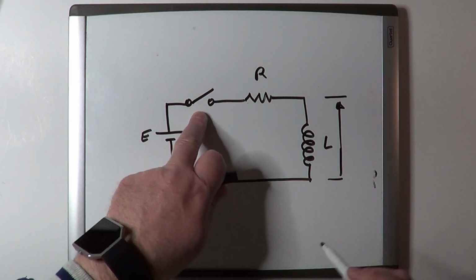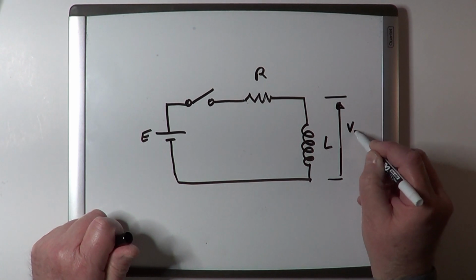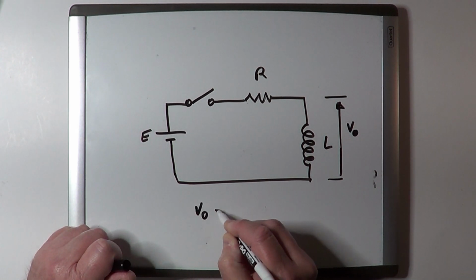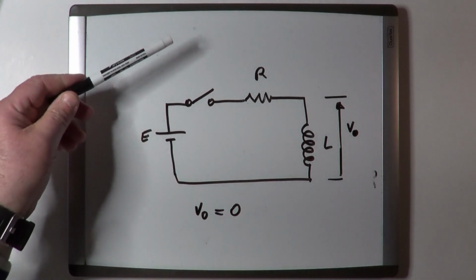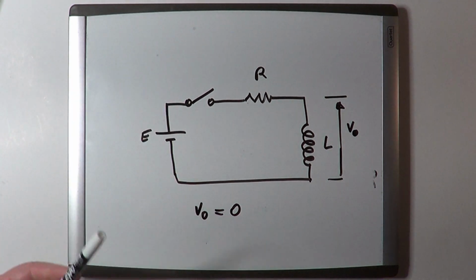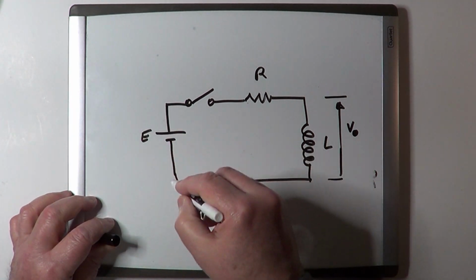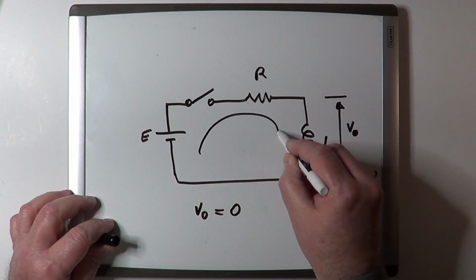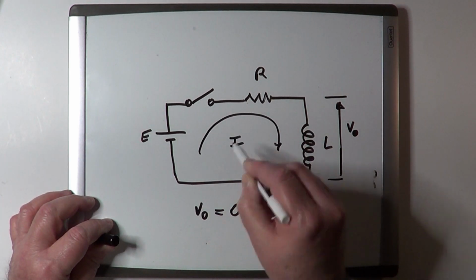Initially, when the switch is open, the voltage, of course, is 0. But when we close the switch, then the generator E will try to make the current flow across the circuit.